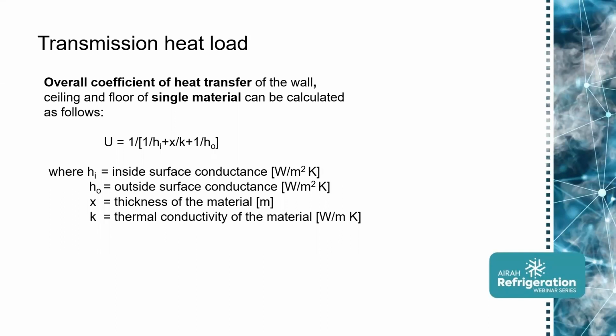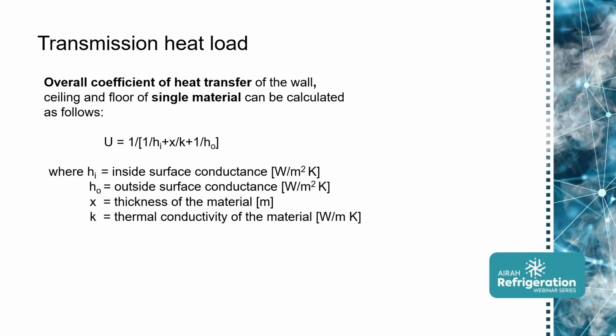Now, HI being the inside surface conductance, measured in watt per square meter Kelvin or degrees C. HO is the outside surface conductance, again, same unit of measurement, X being the thickness of the insulating material, which is measured in meters, and K is the thermal conductivity of the material.